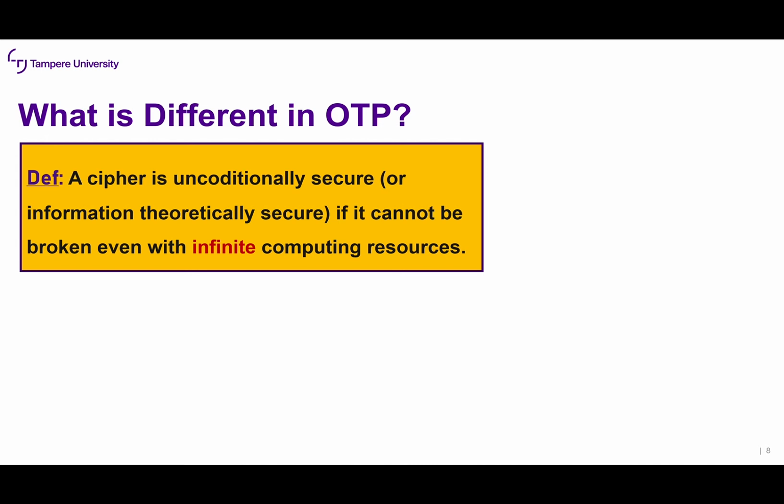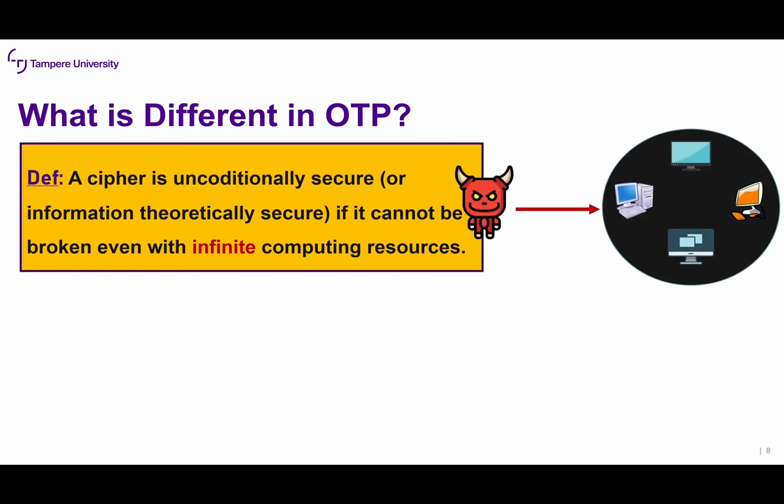A cipher is unconditionally secure or information theoretically secure if it cannot be broken even with infinite computing resources. This means that if we have our malicious adversary Eve trying to break the cipher, instead of assuming that Eve is sitting in front of just one computer, we can assume that she has access to millions of computers, for example, and in a magical way she can run all these computers simultaneously with the main goal of breaking a cipher.